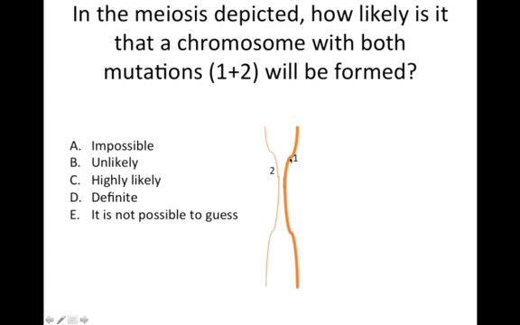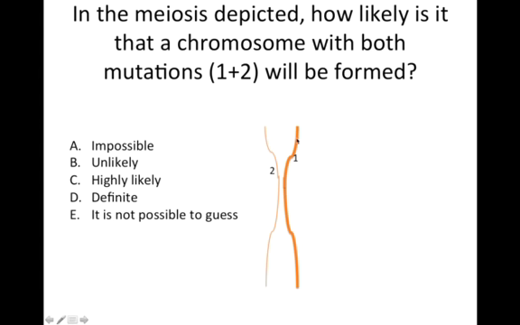We get about one recombination, or maybe a couple of recombinations per chromosome length, the whole chromosome length, per meiosis. And so what that means is that these mutations are at fairly close sites together, and so we're only going to form a hybrid chromosome with 1 and 2 if the recombination occurs specifically in this region. Because if the recombination occurs in this region, well, let's trace out what that would mean.